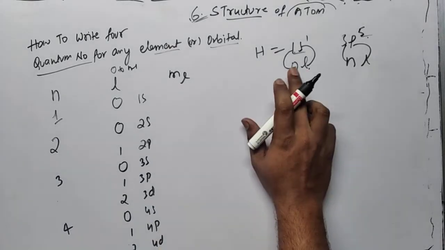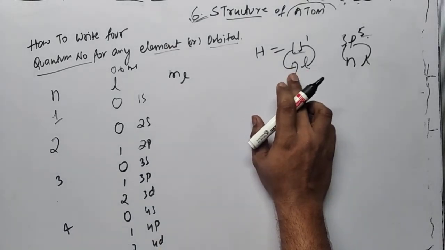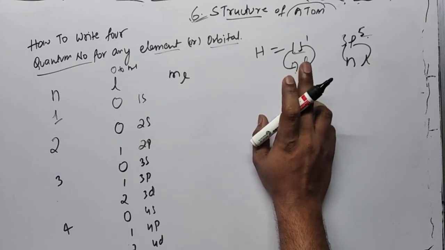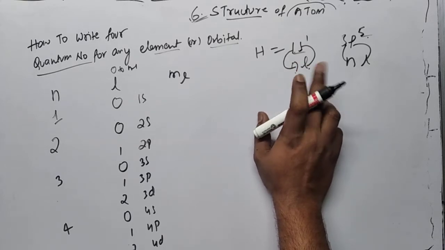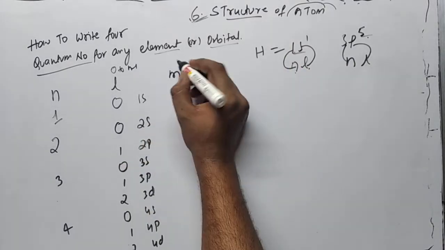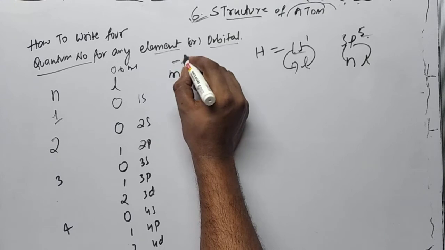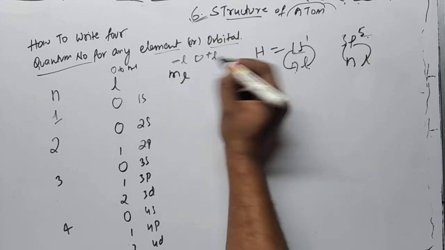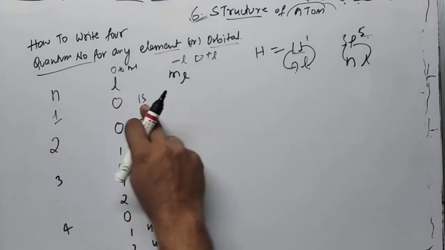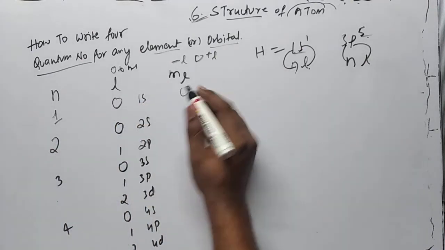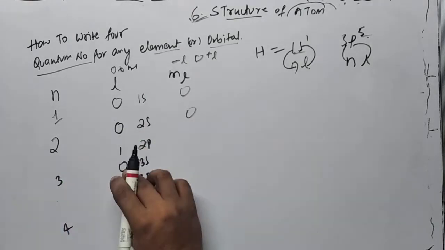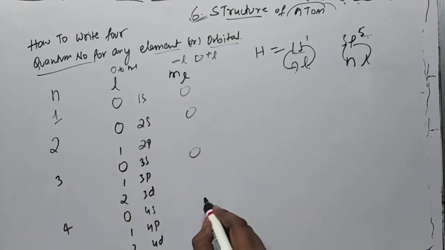If you know the electronic configuration, you can predict the n and l values. So what about the ml values? As we know, ml values are from minus l to plus l including 0. If n value is 1, l value is 0, so this value will be 0. When l value is 0, ml is 0.